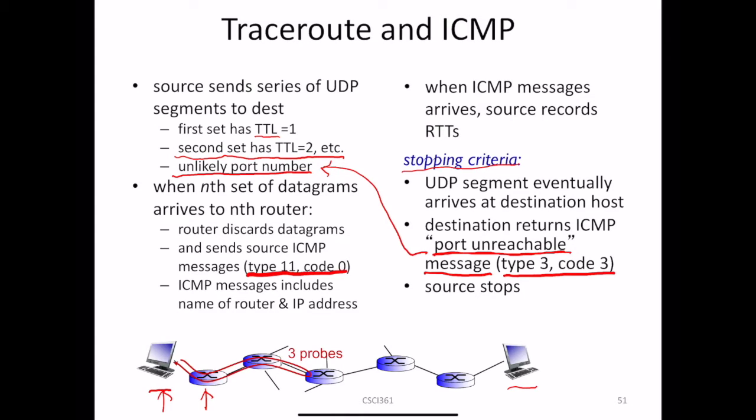Therefore, the source device can send traceroute probes to any device and at the same time won't bother that device, because the probes will be discarded by the destination and also by the routers along the path. Finally, the source will stop sending out probes for measuring or tracking.